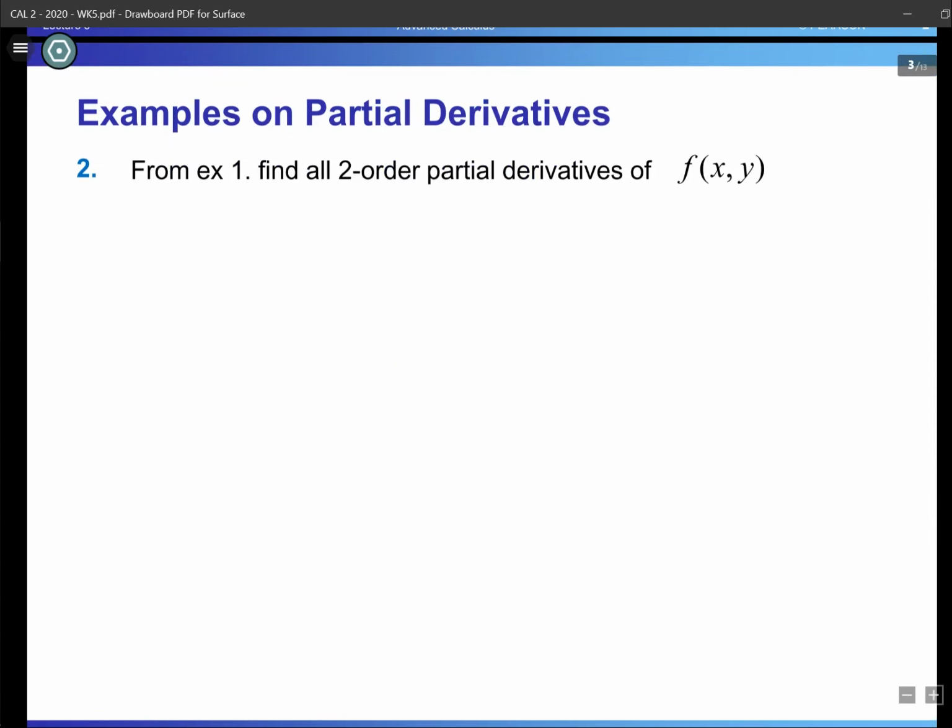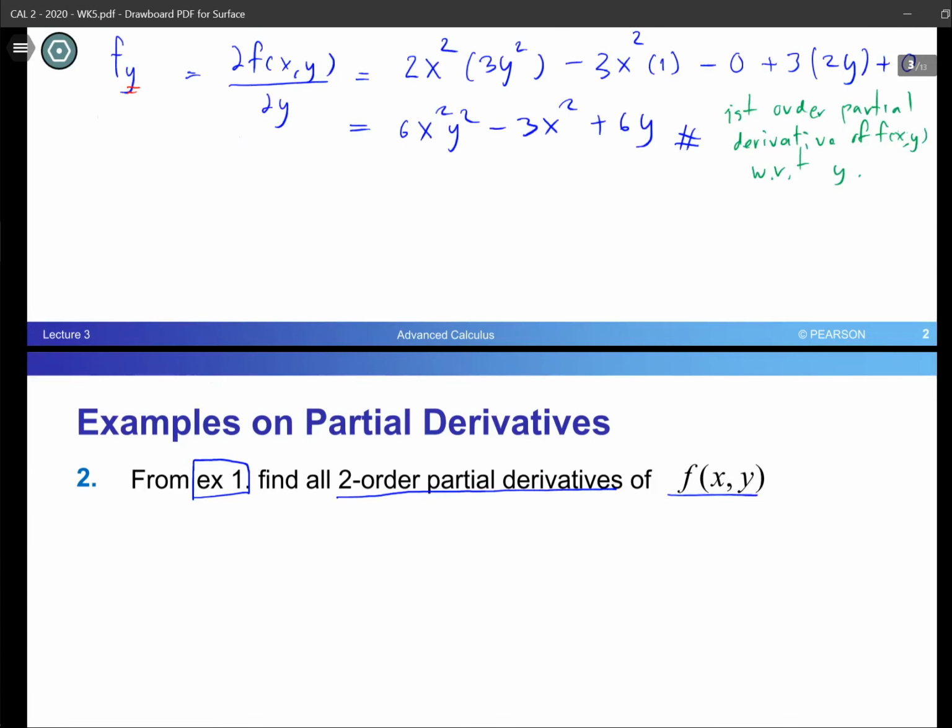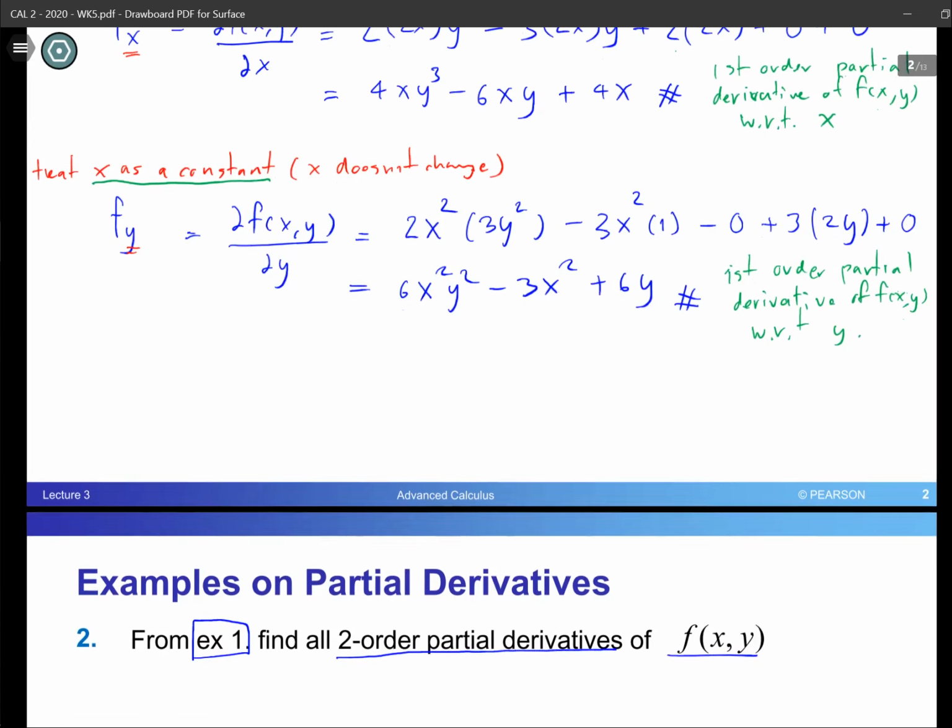In this example, we are supposed to find the second order partial derivatives of f, and this is coming from example number 1. So we have to use the information that we got from example number 1, so I'm going to write it down here again. Let's write down the first order partial derivatives.